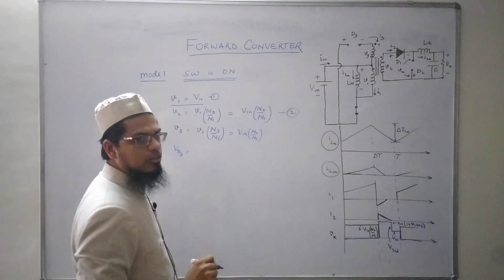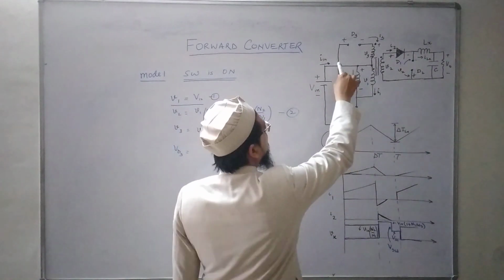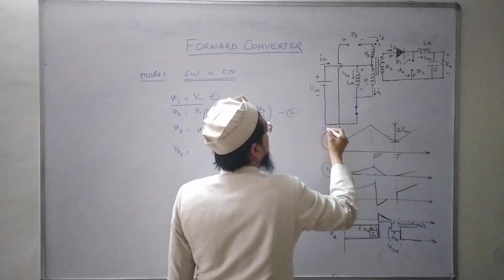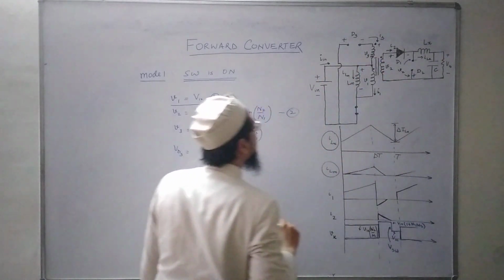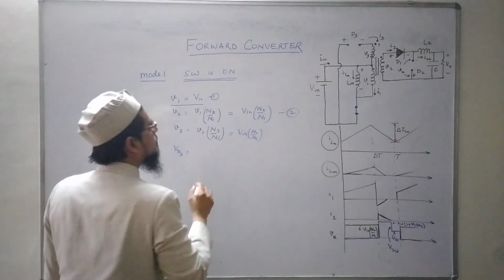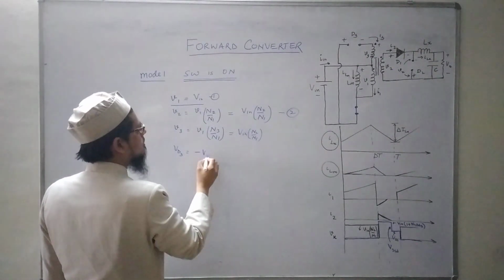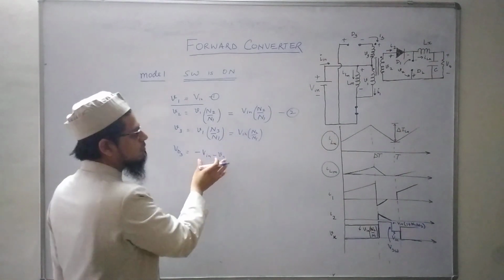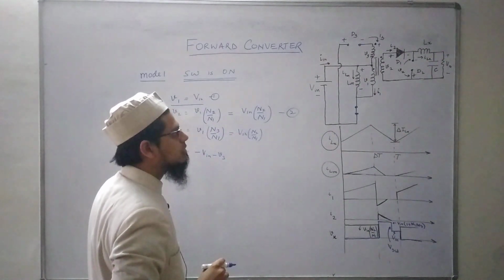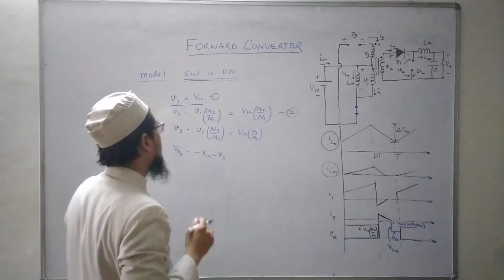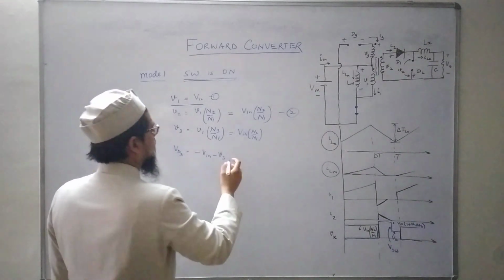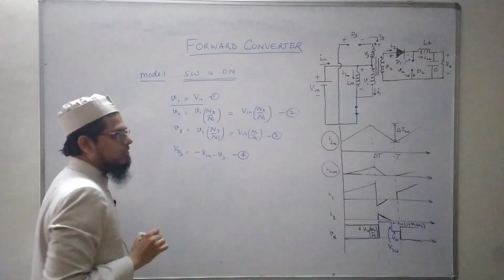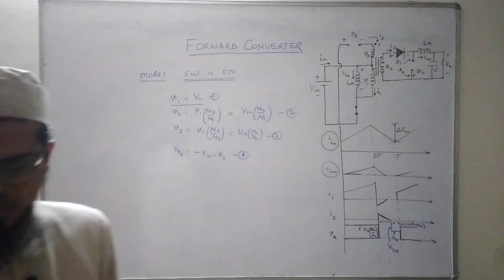It is turned off. If I apply KVL in this loop, you could see that VD3 would be given by minus V in minus V3. From here also you could conclude that the diode is reverse biased and it won't be conducting in mode 1. So these are some of the equations of mode 1.